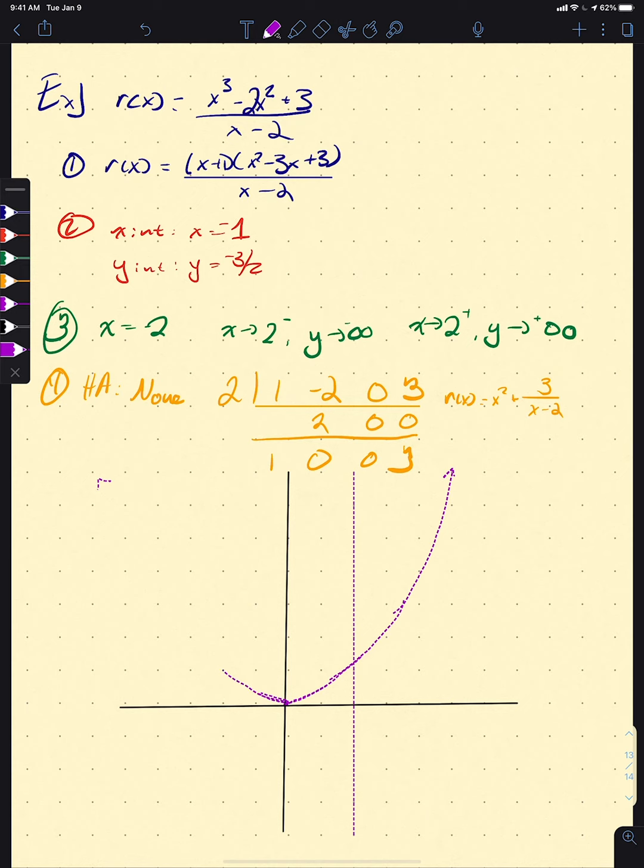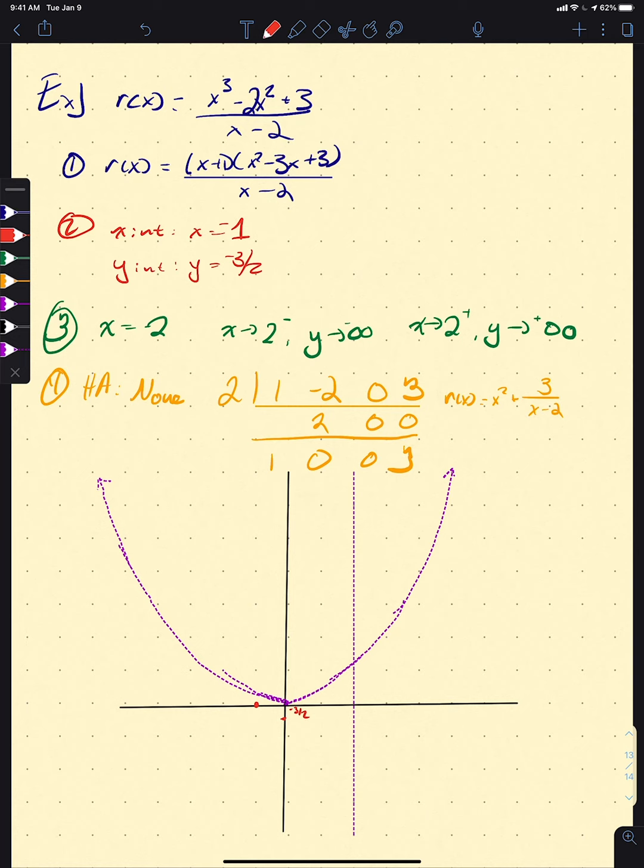I'm going to go up like this guy, and sure, we'll call that our parabola. Our x-intercept is at negative 1, and we have a y-intercept at, say, negative 3/2. Put that guy right there.